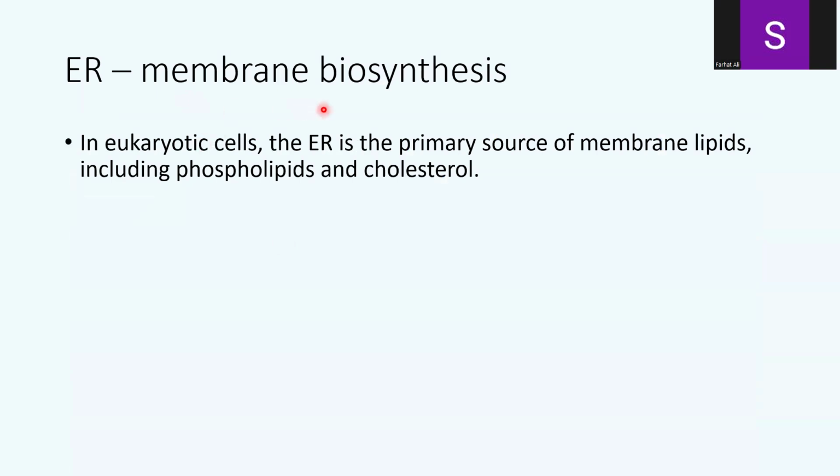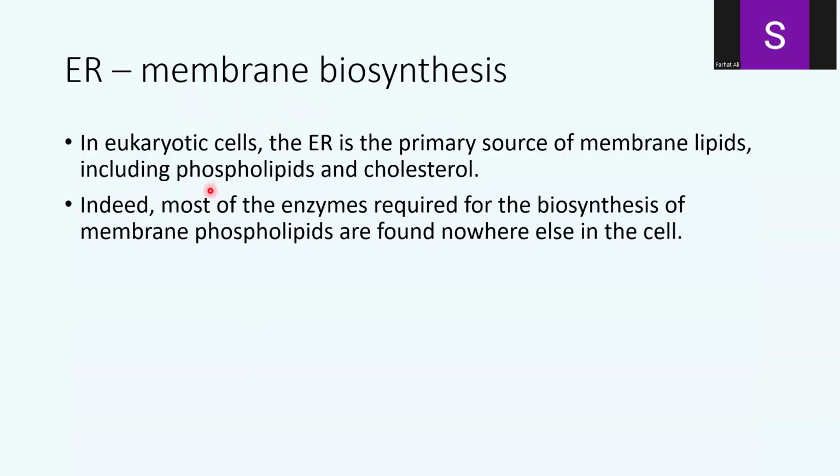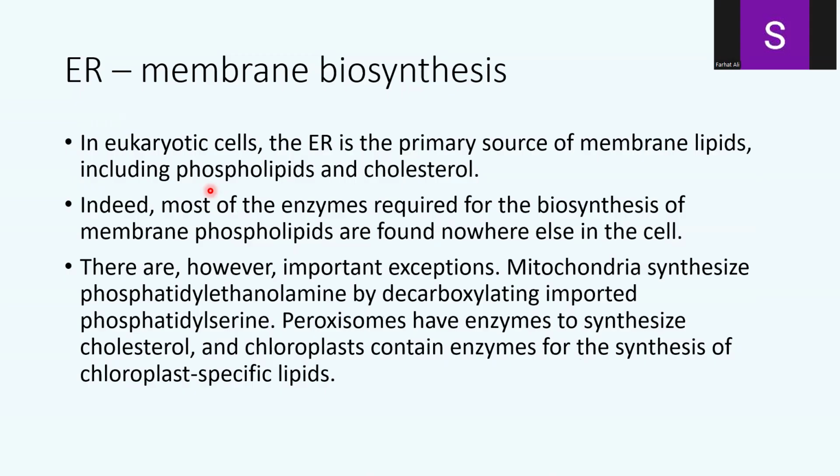Then the smooth ER, well, both smooth and rough ER, are important for synthesis of the membrane. So the smooth ER makes cholesterol, steroids, phospholipids, and then these lipid molecules through the shuttle vesicles move to the Golgi and to other components. So therefore, there is a continuous cycling of the membrane throughout the cell. So in this manner, the ER is important for membrane biosynthesis.